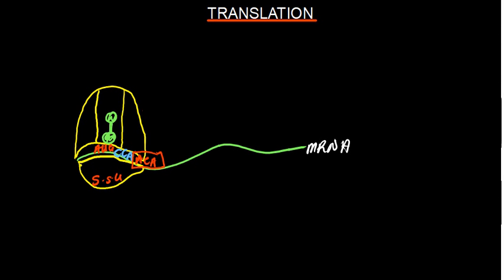So let's say this amino acid is isoleucine. Then that tRNA is going to be given this assignment to go there and pick that isoleucine from the cytoplasm. So all those processes of aminoacylation are going to take place, and the amino acid will bind itself to the 3' end of this tRNA.